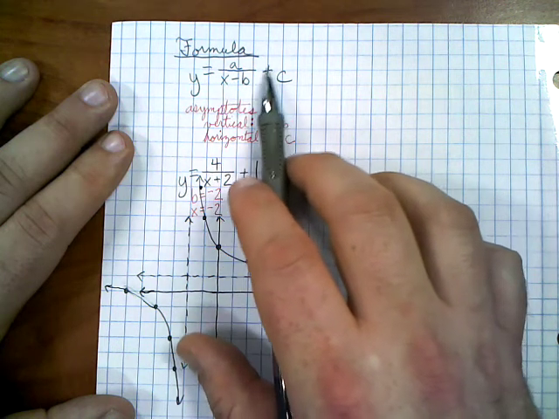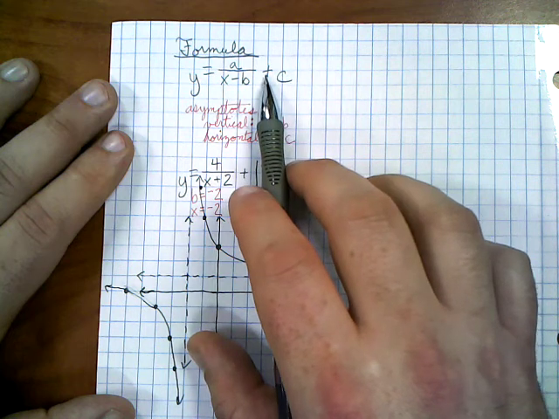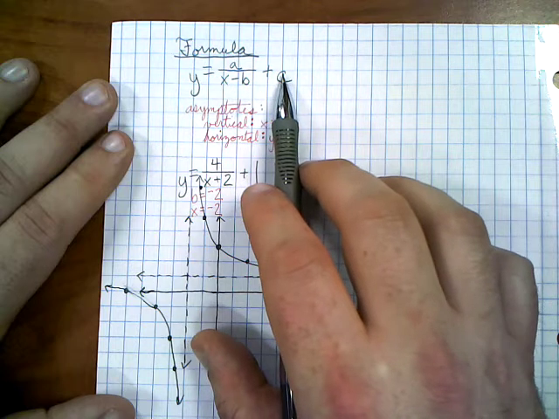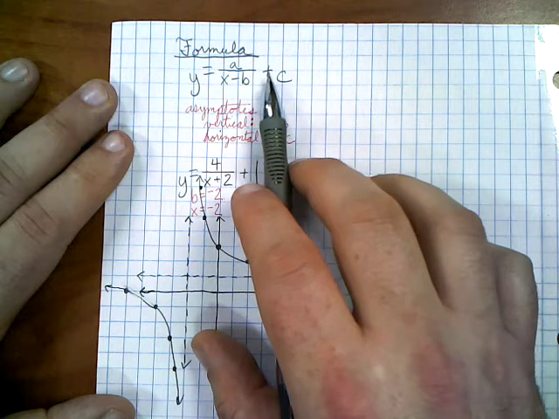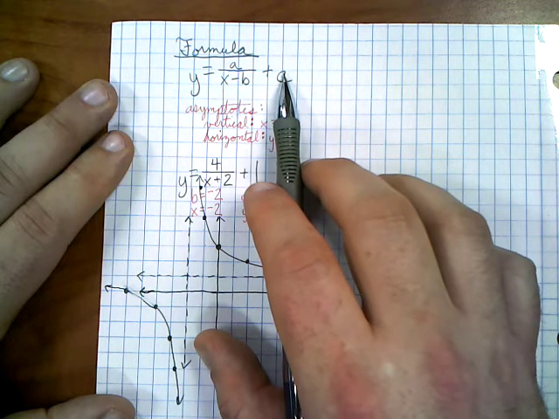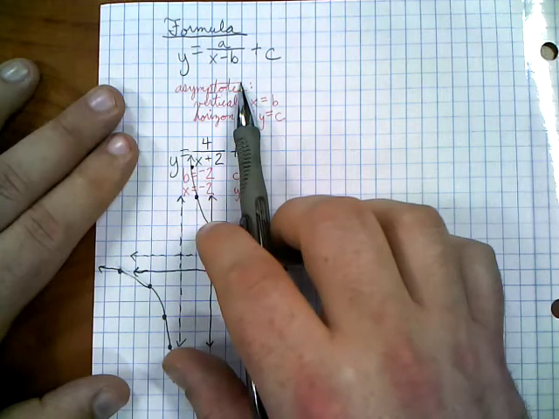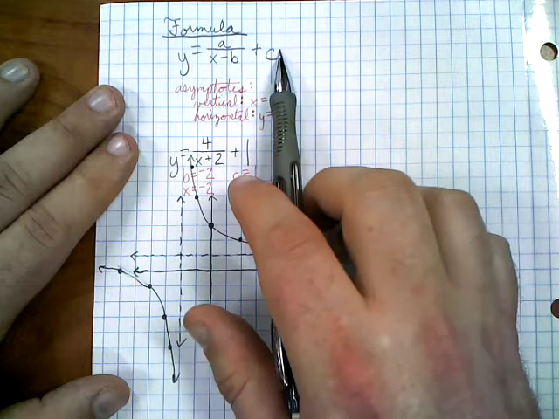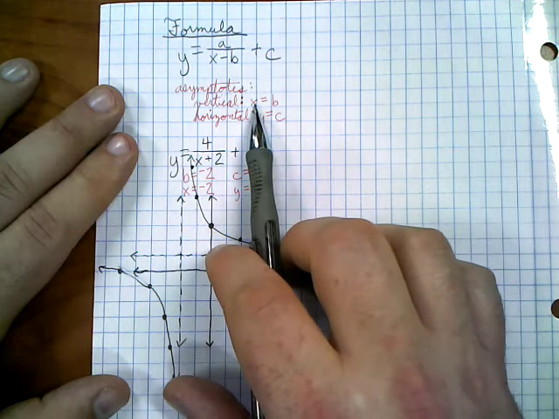In the formula, though, the formula says plus for c, which means we need to think of this as addition. So if we see a plus 3, then c is really 3. If we see a minus 3, well, that's really plus a negative 3. The asymptotes will shift based on b and c. So the vertical asymptote, again, is counterintuitive.